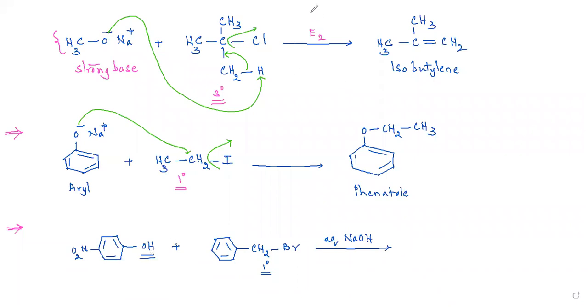Now, this OH is converted into O minus Na plus. Then now, this O minus will attack this particular carbon. And see, the negative charge is what is stabilized by the withdrawing group.